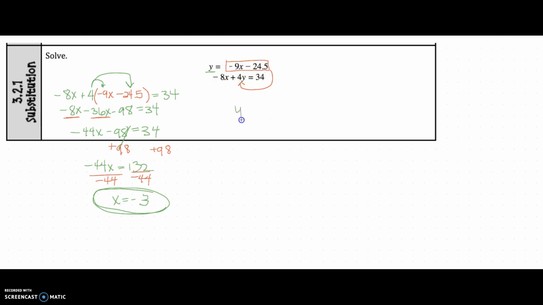So I'm going to have y equals negative 9, and our x is negative 3, minus 24.5. So then 9 times negative 3 gives me 27.